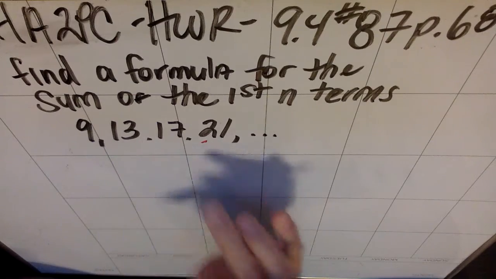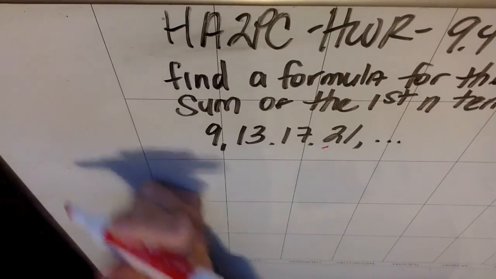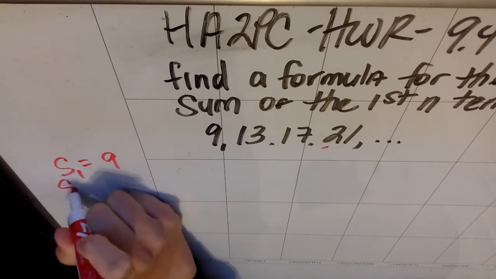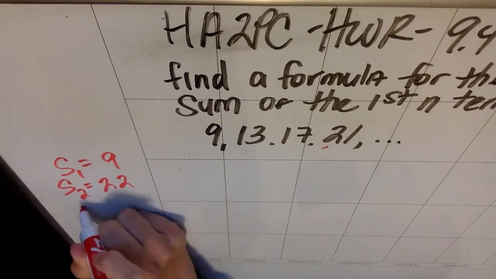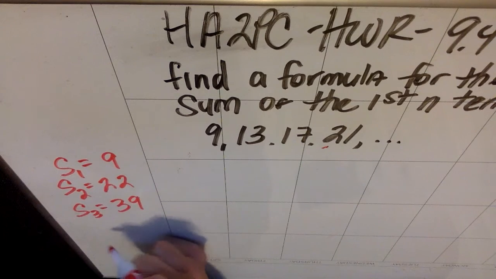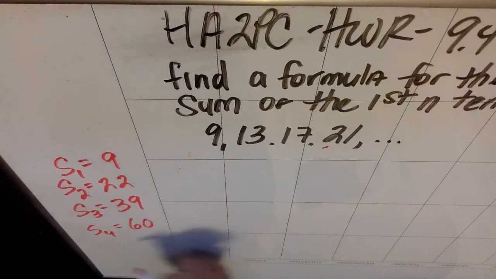So here's the other logical way I was thinking we could talk about doing this. If we wanted to use pattern recognition, we recognize that if we only sum the first term, we get 9. If we sum the first two terms, we get 9 plus 13, which is 22. If we sum the first 3 terms, as we already saw, we get 39. And if we sum the first 4 terms, we add 21 to that and get 60.